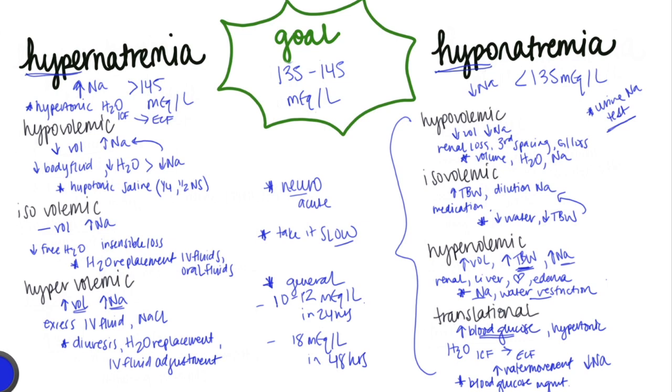So both of these guidelines for repletion can help you to take it slowly and make sure that you're not providing too much sodium too quickly. But again, on the other side of things, if you're providing any other fluid, whether it's the hypotonic saline or other types of IV fluids, you want to take it slowly for hypernatremia as well, just to avoid any instances in which fluid's moving too quickly and you could put your patient in danger.